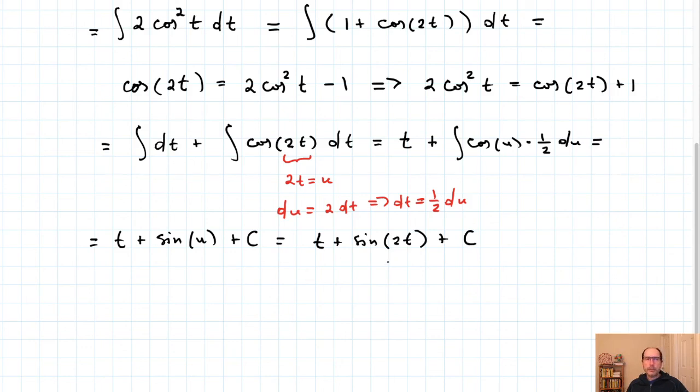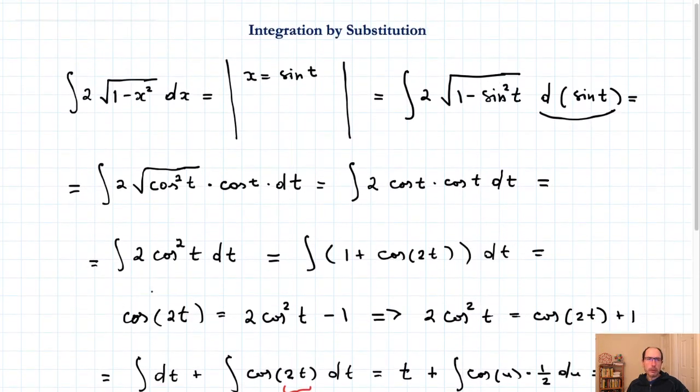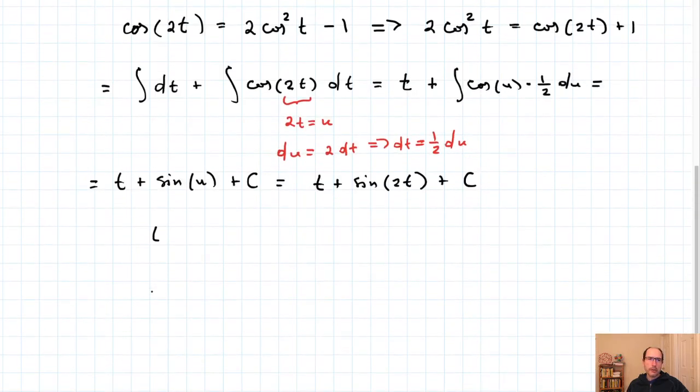And now we need to go back to our original variable, which was x. We will need the relationship between x and t. Now, if we go back to where we made our substitution, the substitution that we made was x equal to sine t. Solving this equation for t, we find that t equals arc sine, inverse sine, of x.